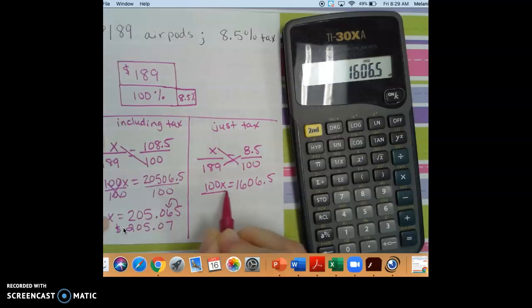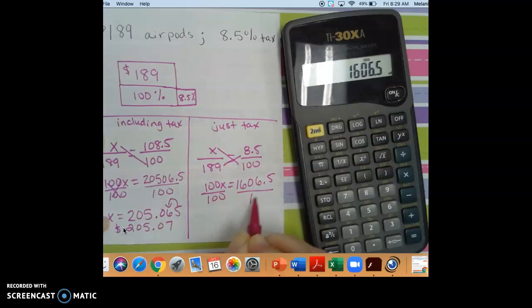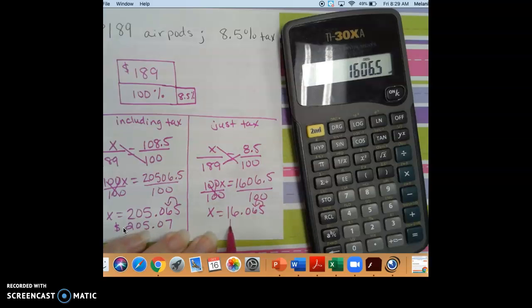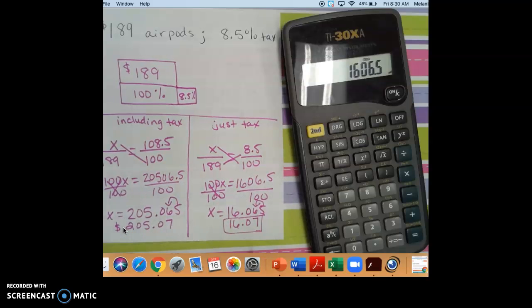Divide by 100: 16.065. Again, I need to round because money only has two decimal places. So that's going to be 16.07. So this is going to be my just tax.